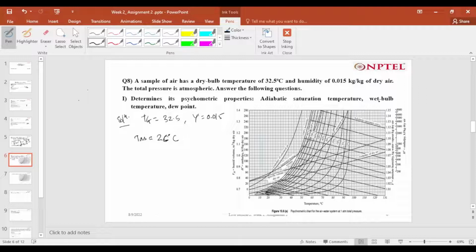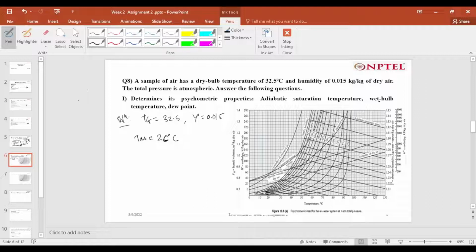Now draw the line parallel to the adiabatic saturation line to reach the 100% humidity curve.